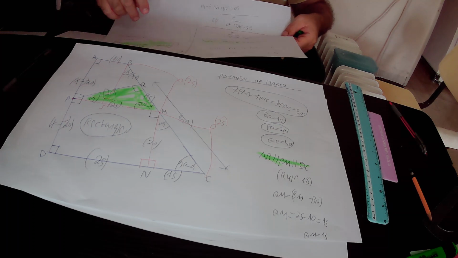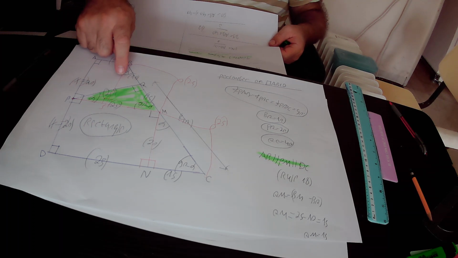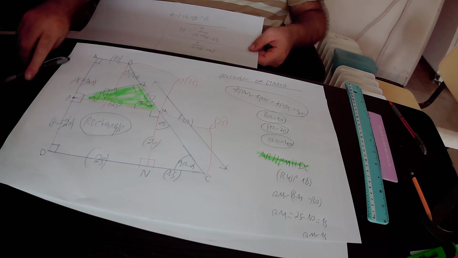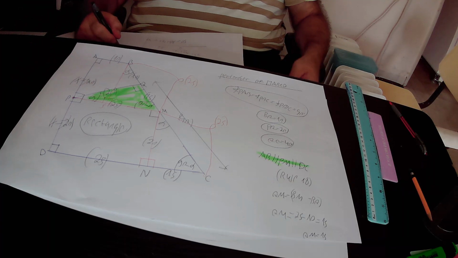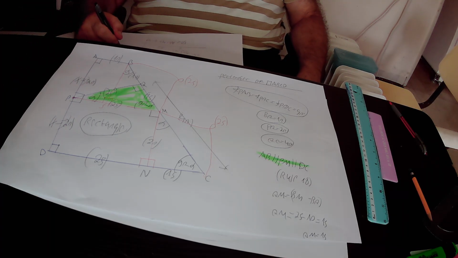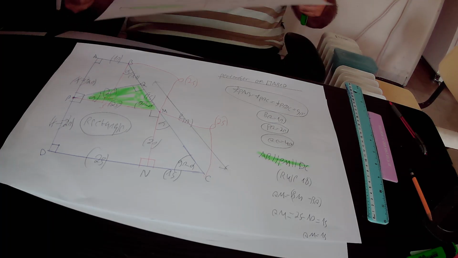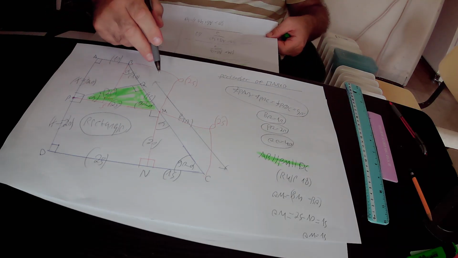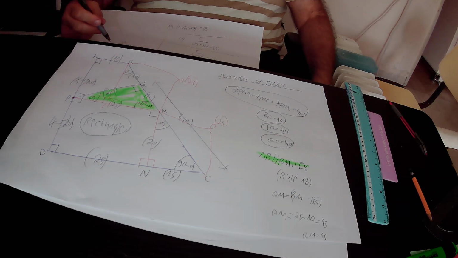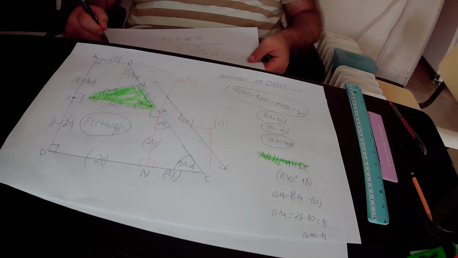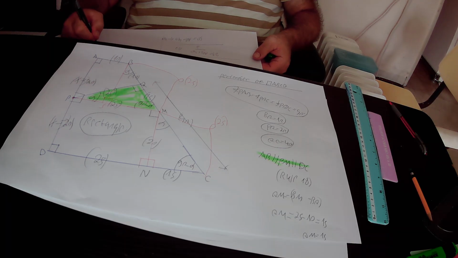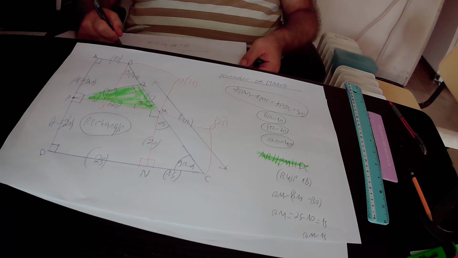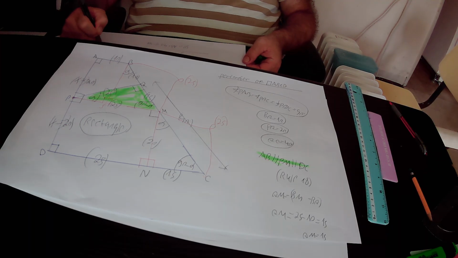So the upper right triangle BSM is congruent to the lower right triangle MNC, according to the angle-side-angle rule.